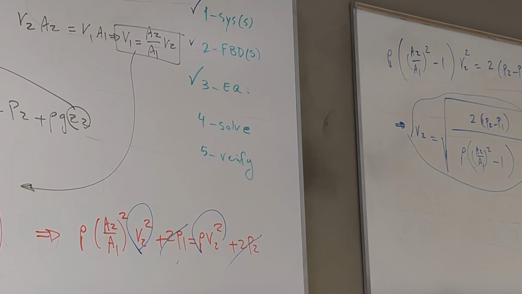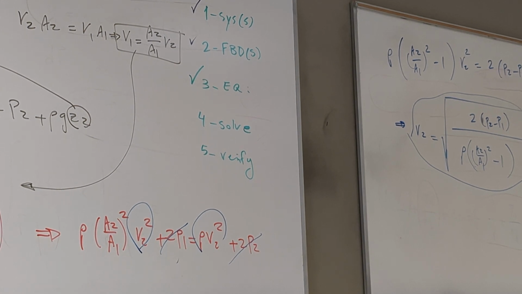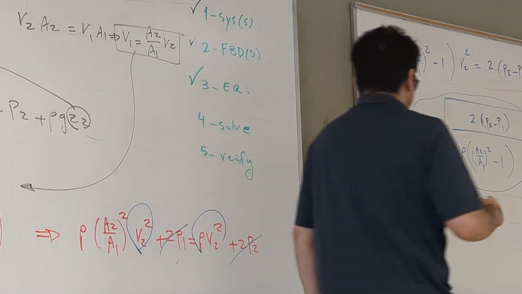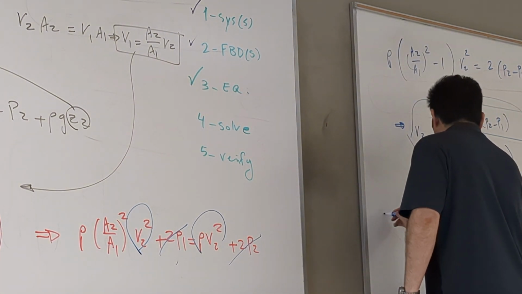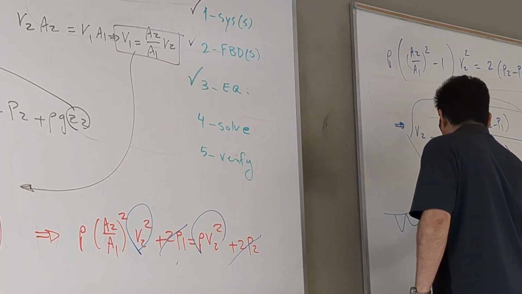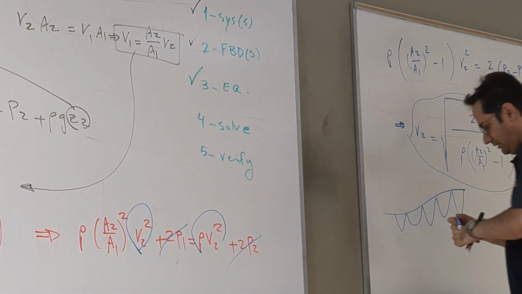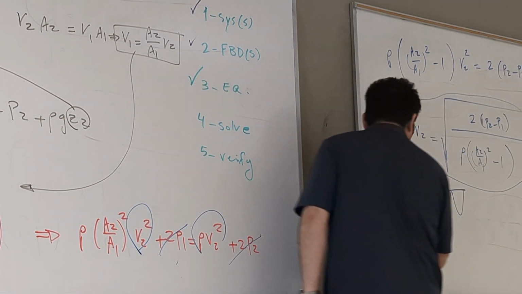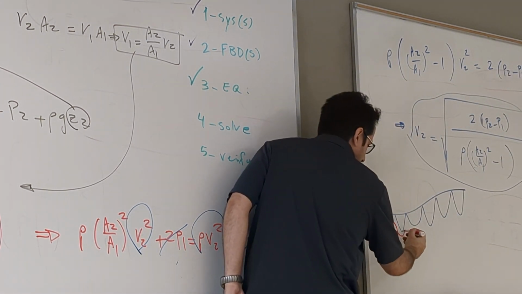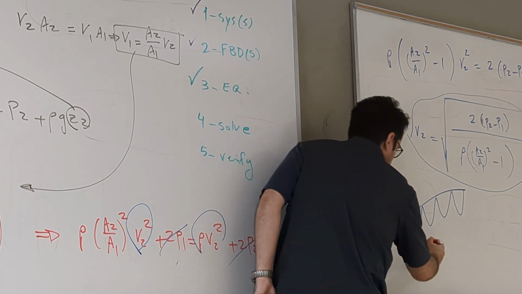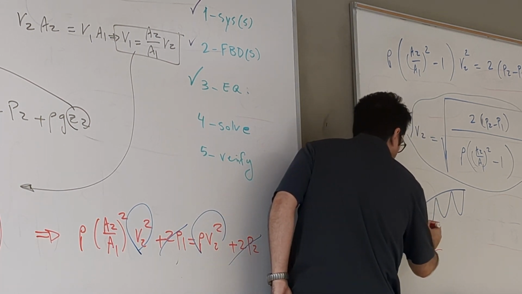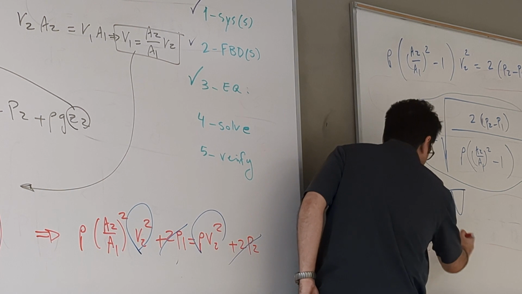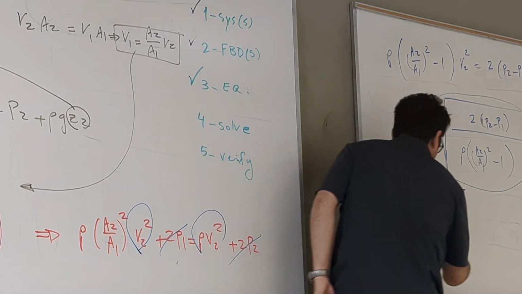So what happens, I want to draw the actual thing happening in reality. If you choose that area and zoom in on it, I want to draw it here. So that area is like this. You're going to get all sorts of, this is the flow coming in, and then the flow gets detached, you get a vortex, and then flow coming here gets detached, you get another vortex. So you get a vortex structure.